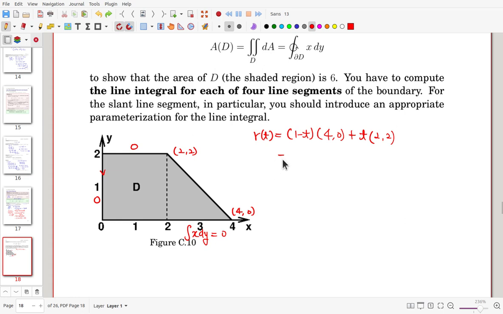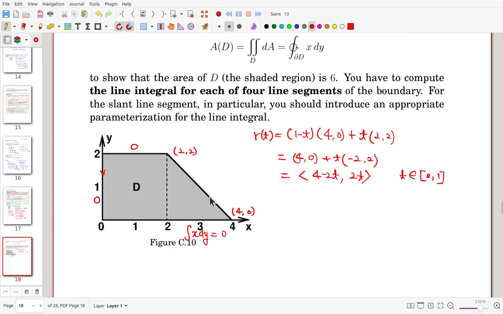That is (4, 0) plus t times the subtraction (2, 2) minus (4, 0), which is (minus 2, 2). So the first component is 4 minus 2t, and the second component is 2t, and t is moving from 0 to 1.